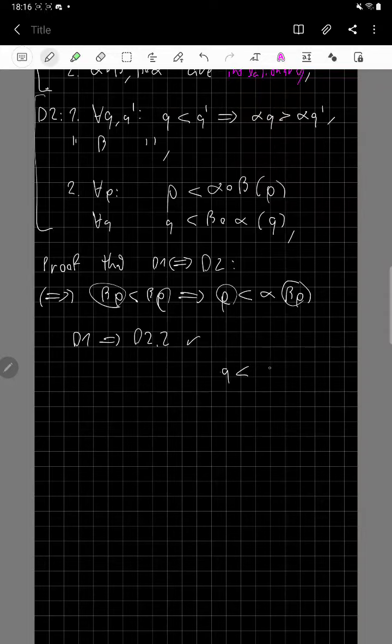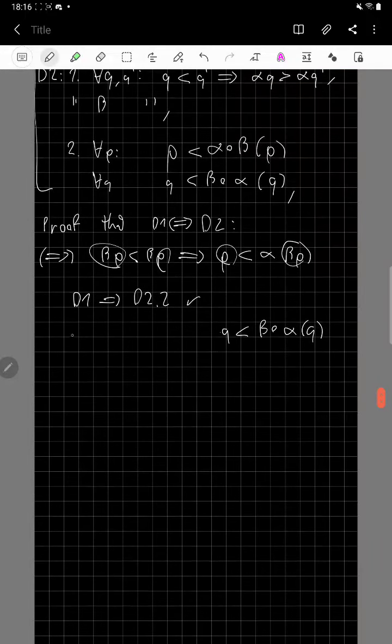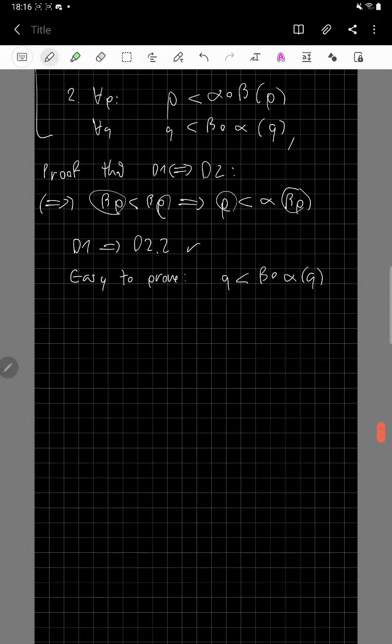Sorry, for Q we will know that beta composed with alpha, Q, is also greater than Q. It's very easy to prove. It's just the same thing. Now we just do the same again.